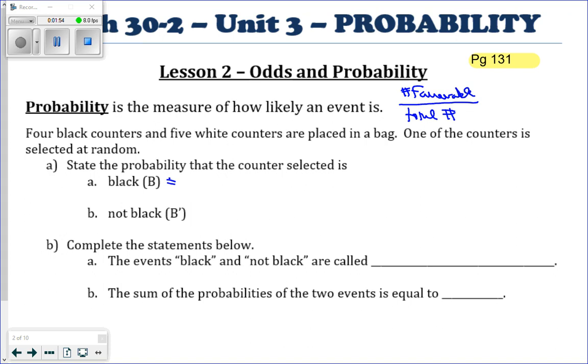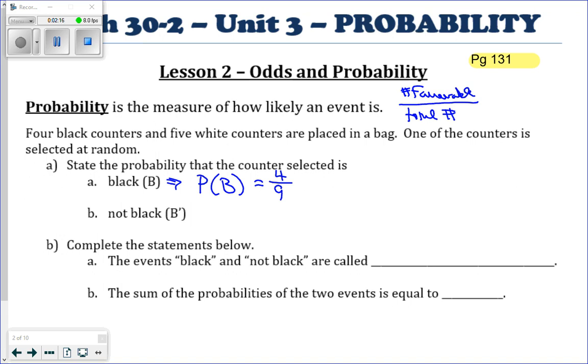The way we write this is P(B) equals, the probability of black. Number of favorable: how many black counters do we have? 4. Over the total number of counters, which is 9, 4 plus 5.